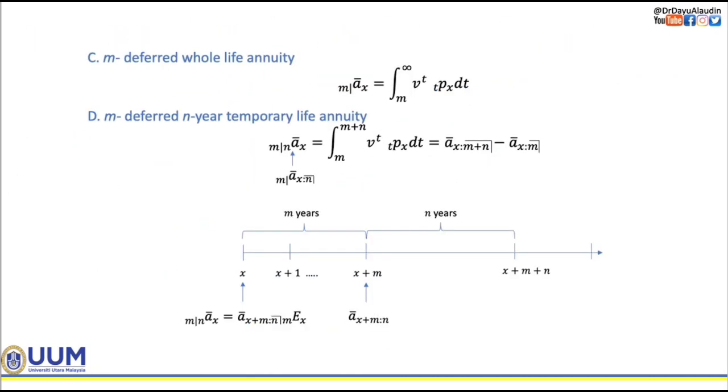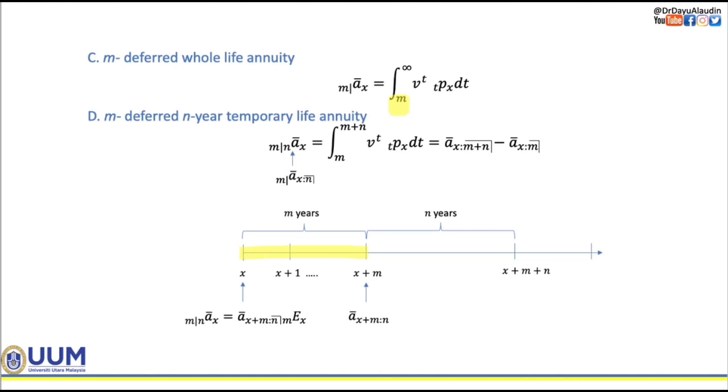Now we go to the next annuity, which is the m-deferred whole life annuity. Same as the case for life insurance, m is the deferred years. So the annuity will be paid after m years.